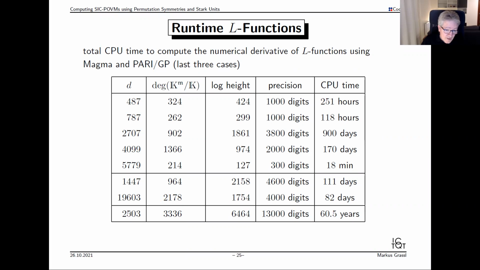When we look at the bottom line here, it turns out for dimension 2503, we need a precision conjecturally of 13,000 digits, and we have carried out the calculation, it took 60 CPU years. That's really something you don't want to do on your laptop. It will die before that, but that's where we made use of the cluster of the Max Planck Society.